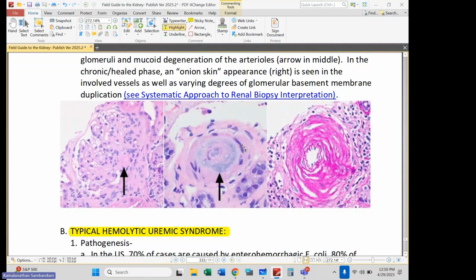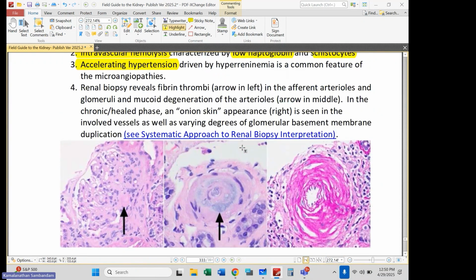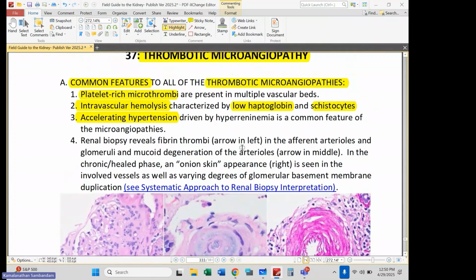So hyperreninemic hyperaldosteronism would be characteristic for TMA. That hyperreninemia would drive angiotensin as well as aldosterone, resulting in an elevation in blood pressure very commonly. So that's why scleroderma renal crisis and typical and atypical HUS often have increases in blood pressure.